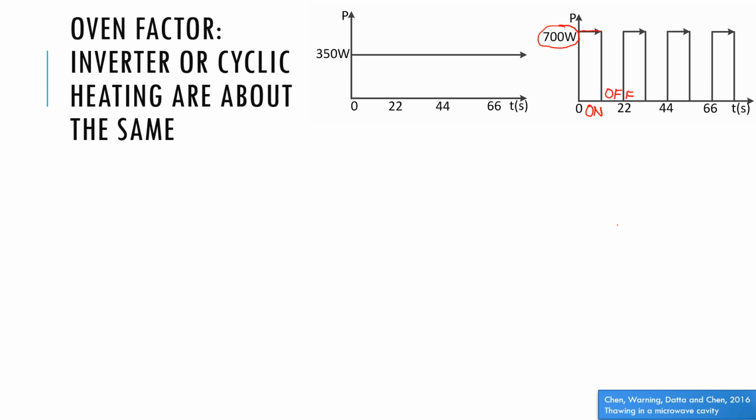The other half of the time the oven would be off, so this half is called the duty cycle, half, multiplied by 700 is going to give us the 350 watt. Now, technology is available today that can give this 350 watt continuous like this, so it doesn't have to cycle.